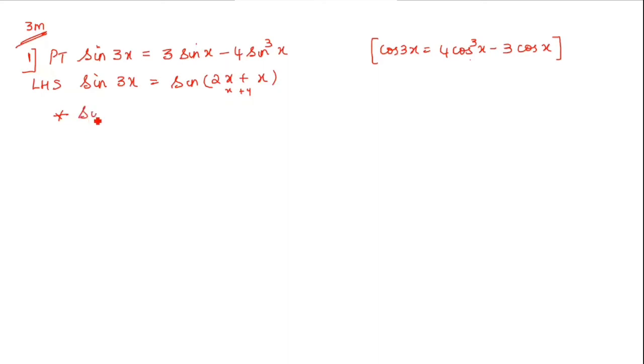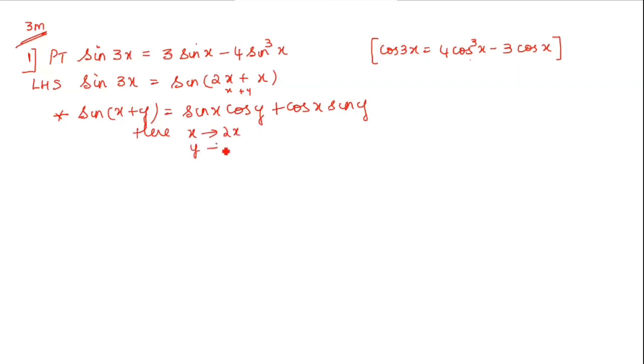I know the formula sine x plus y is equal to sine x cos y plus cos x sin y. Okay, so now x means who now here? 2x. So here x is nothing but 2x, y is nothing but x.